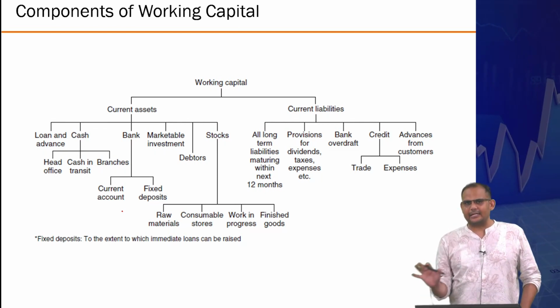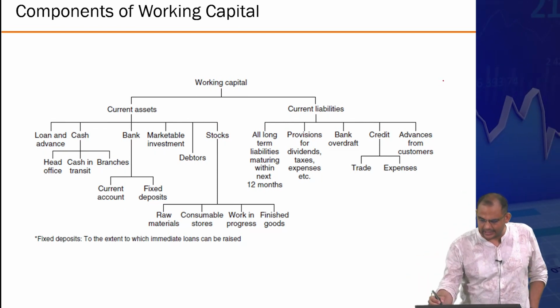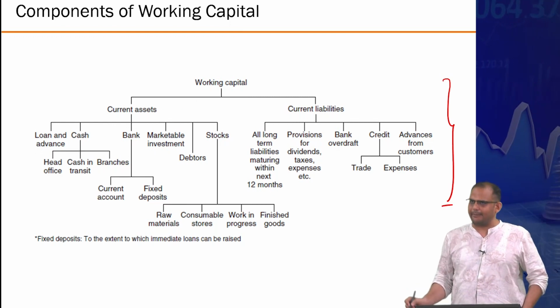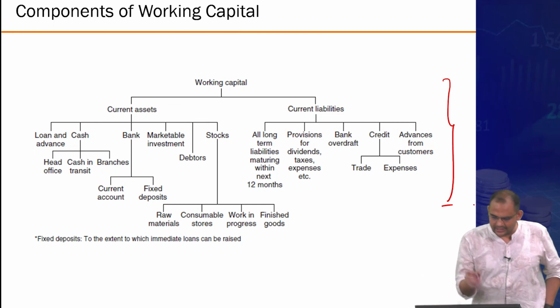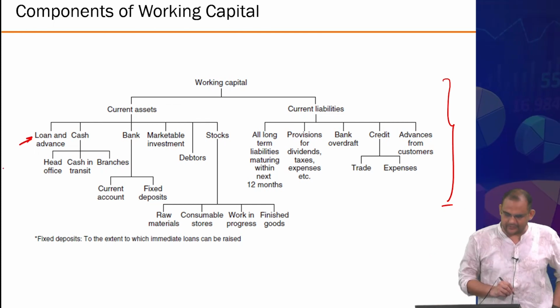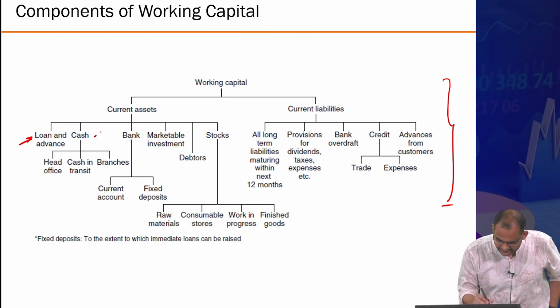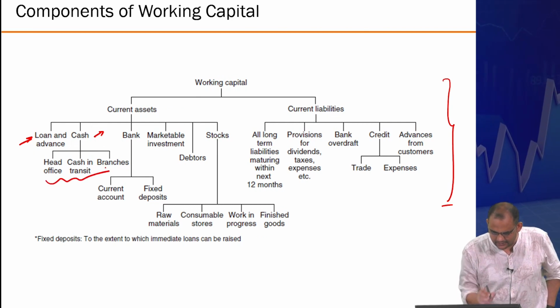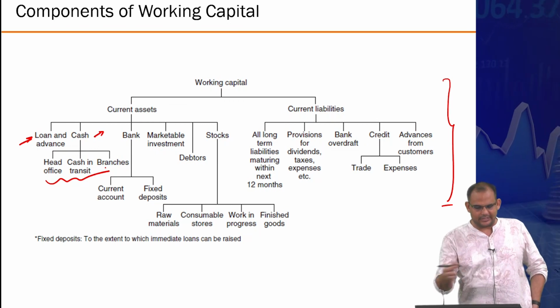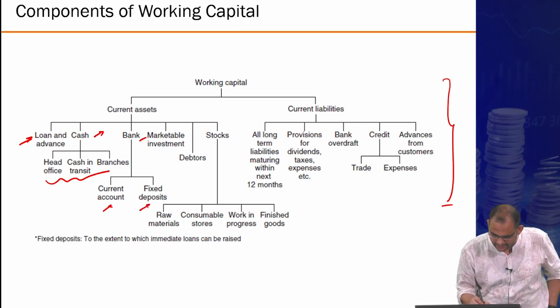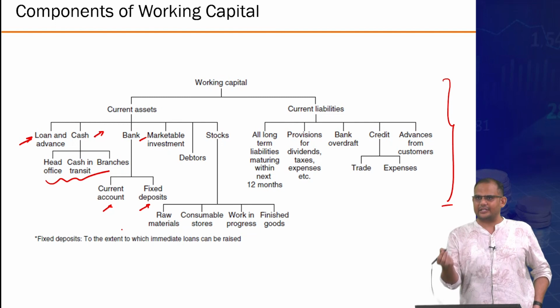This is typically a structure of working capital in a general firm. Some of these terms may be slightly different for construction, but essentially these are the things. So you have current assets in terms of the loans and the advances, the cash that is secured in different locations: in your head office, in your transit, in your branches, in your bank you have accounts, current accounts and the fixed deposit.